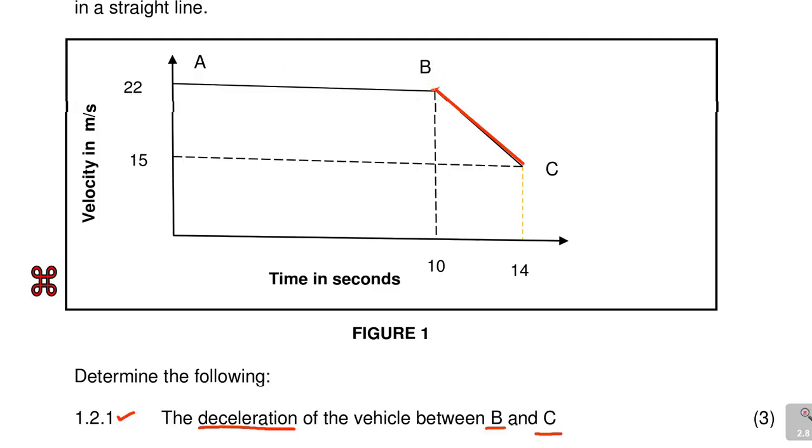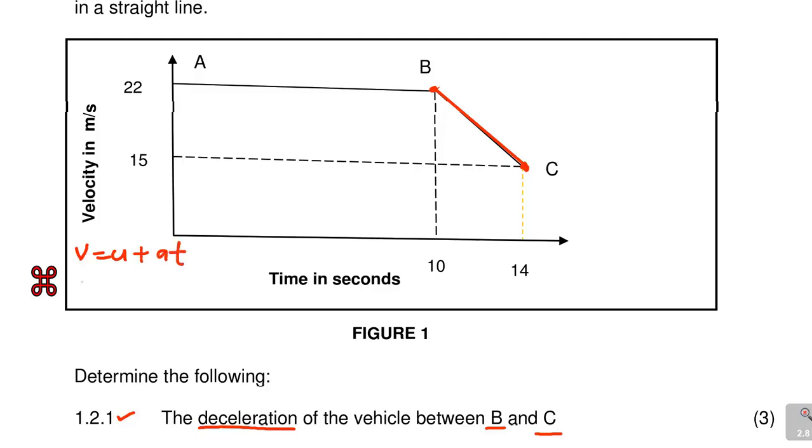Now from B to C, if I'm looking at deceleration, remember you have the formulas and you have to use the formulas for the equations of motion. Now let me have my formulas. Three of them. V is equal to U plus AT.